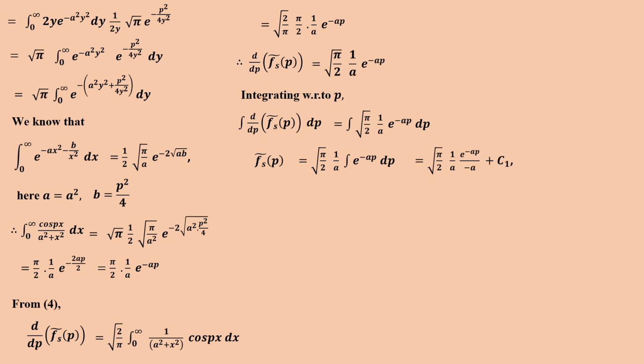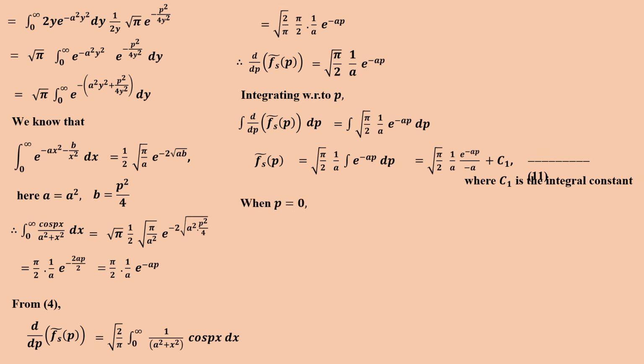Using the formula, integral e power minus ax is equal to e power minus ax by minus a, we get root pi by 2 into 1 by a e power minus ap divided by minus a, plus c1, where c1 is the integration constant. This is equation number 11.